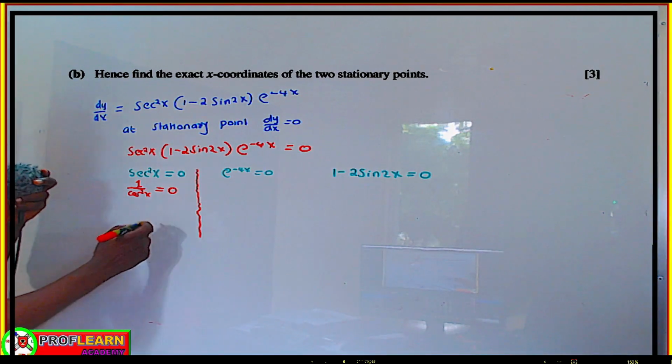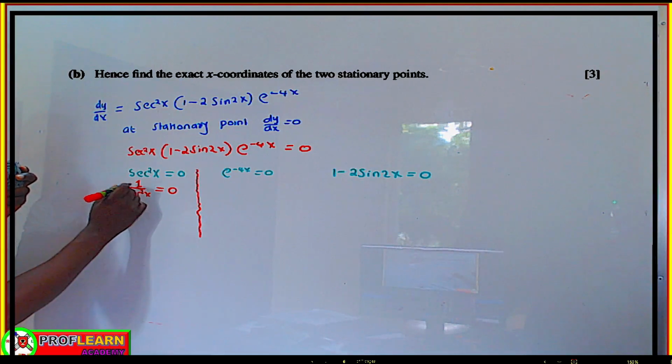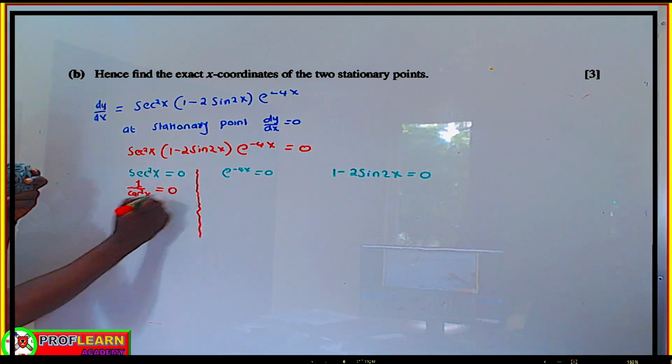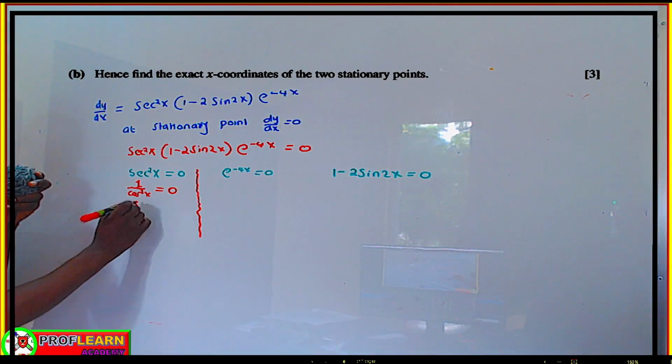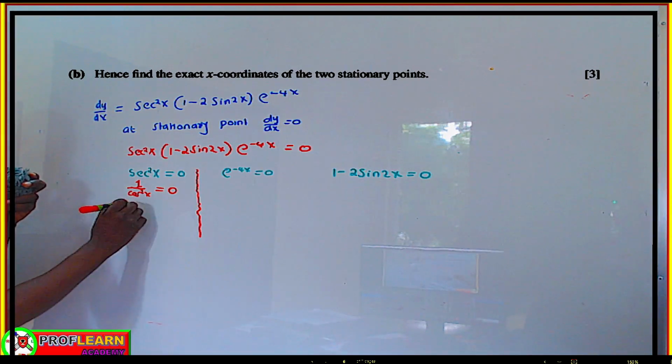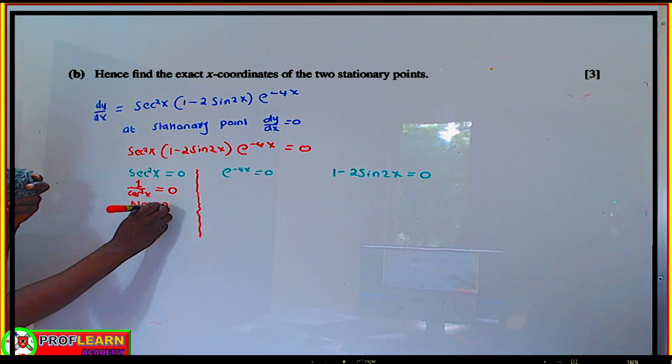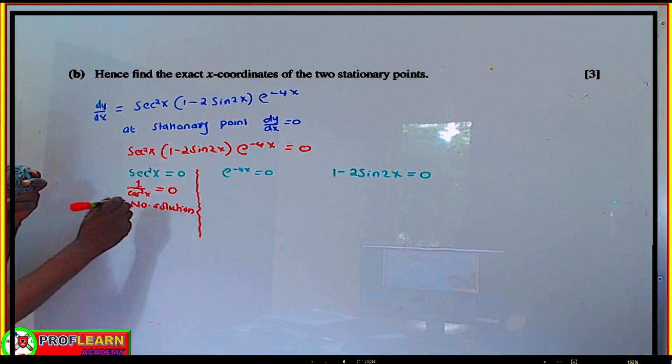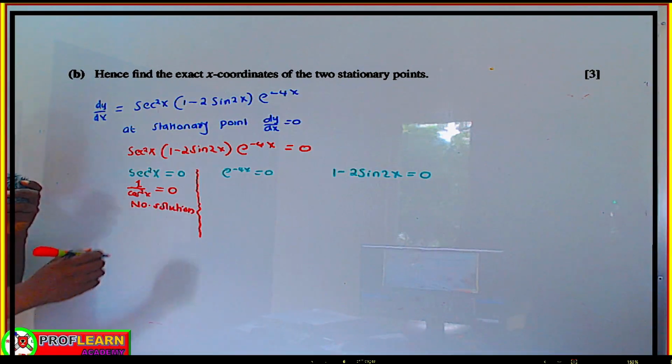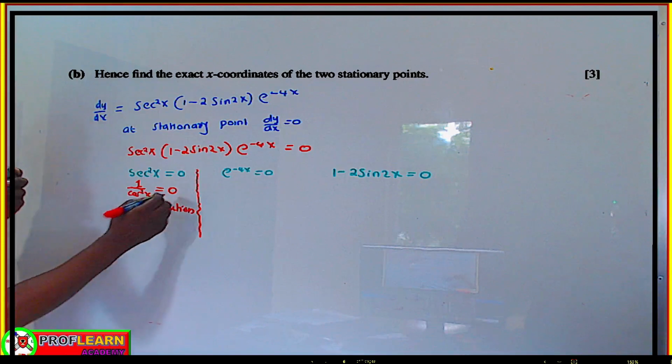Okay, at this point we can say there's no number you can divide 1 by in order to get 0. So we can say here there is no solution, because there's no number where you can say 1 divided by that number to get this.